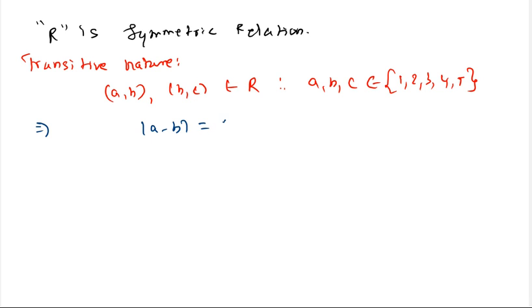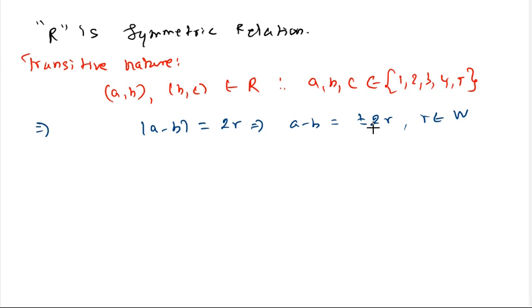For example, we can write an even number as 2r, where r is any integer. This implies a minus b equals plus or minus 2r. Here r is any integer. More specifically, r is a natural number, but we can accept 0 also. That is why instead of natural numbers, we can take whole numbers.